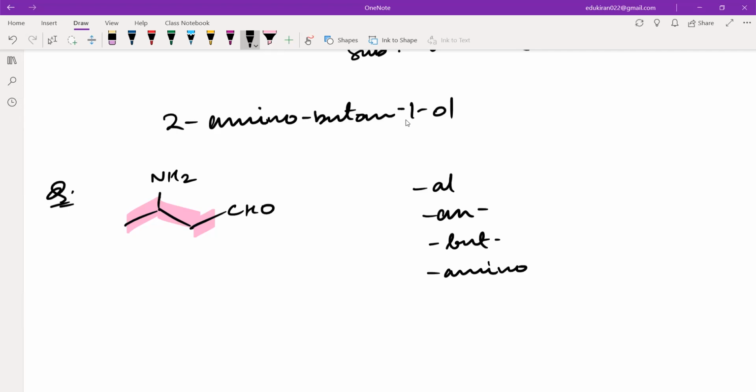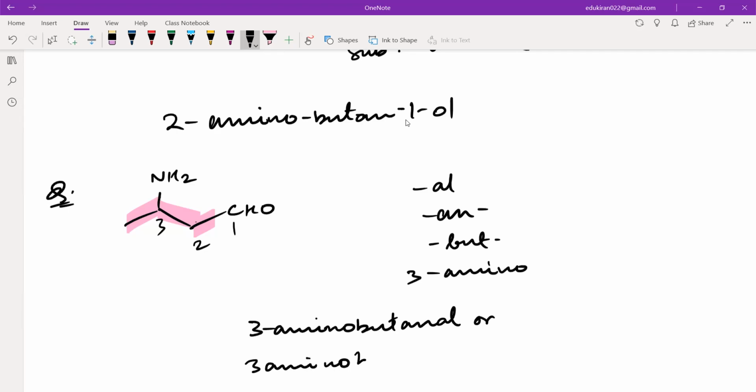Okay, amino is again in the 1 2 3rd position, right? This is first, second, third position. So this is 3 amino butanol or 3 amino butane 1 al.